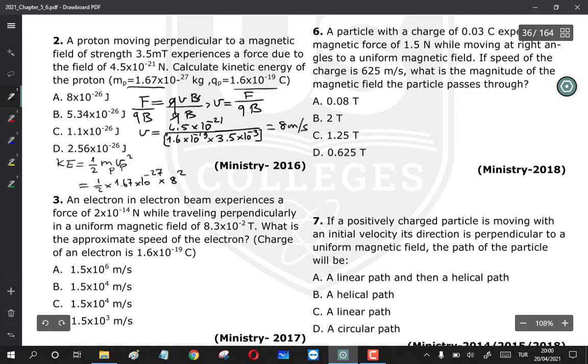Now let's calculate them all. 1.67 times 10 to the power of negative 27 times 8 squared, 64, divided by 2 is the answer, 5.34 times 10 to the power of negative 26 joule. So it is answer B.